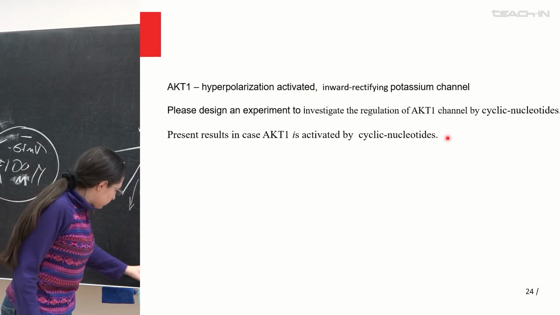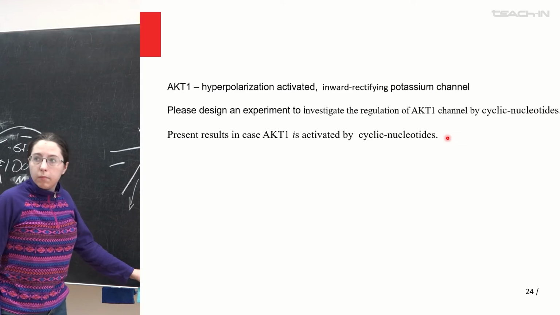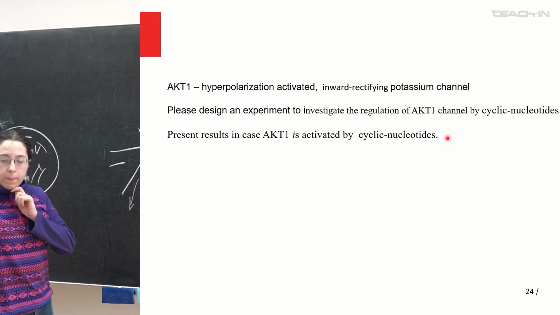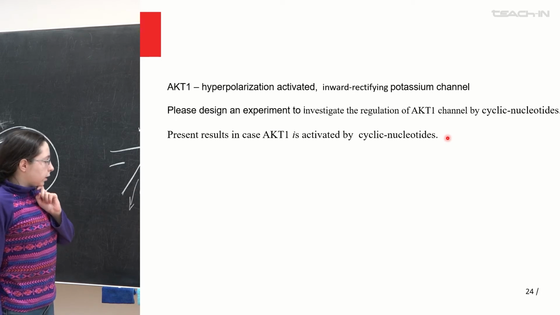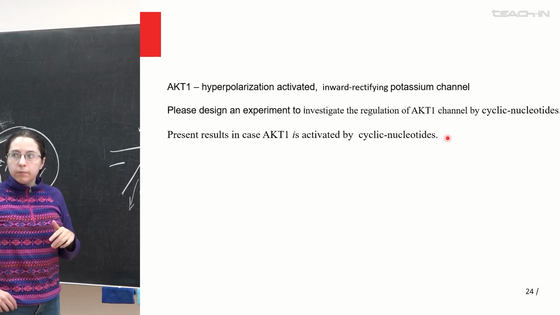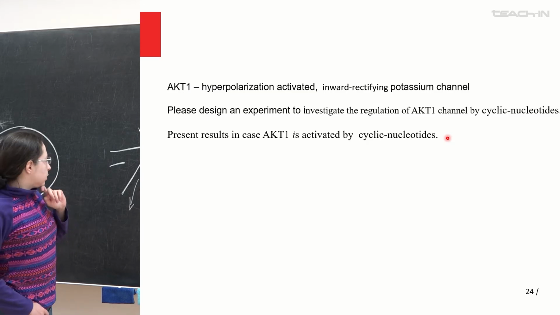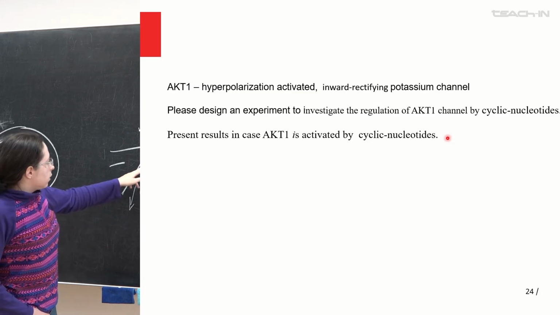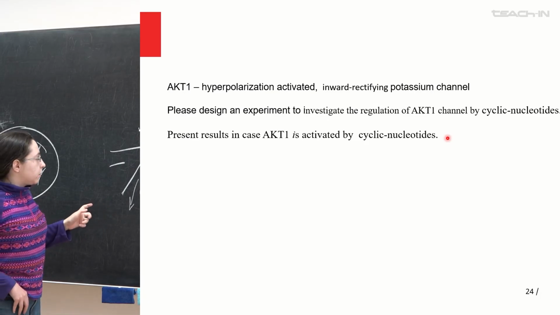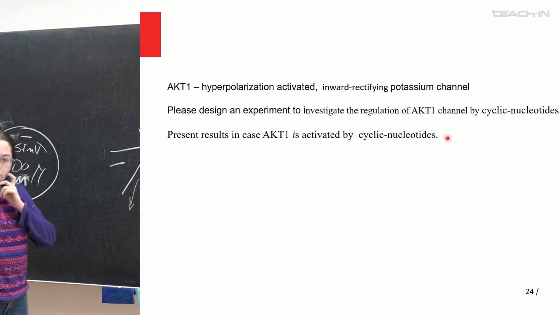Excellent. And how would you show whether it is regulated by cyclic nucleotides? Well, we can use patch clamp tests with or without cyclic nucleotides in the solution, and see if this curve varies in the experiments. So would this point change with the addition of cyclic nucleotides?